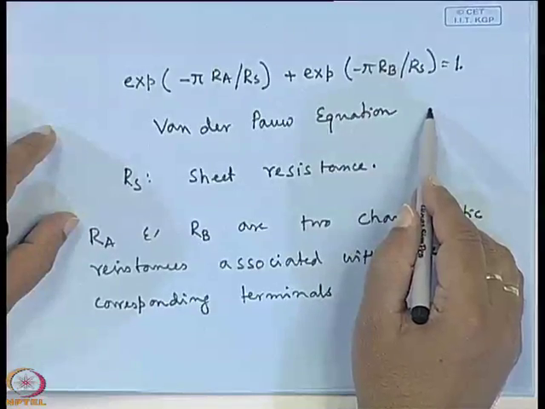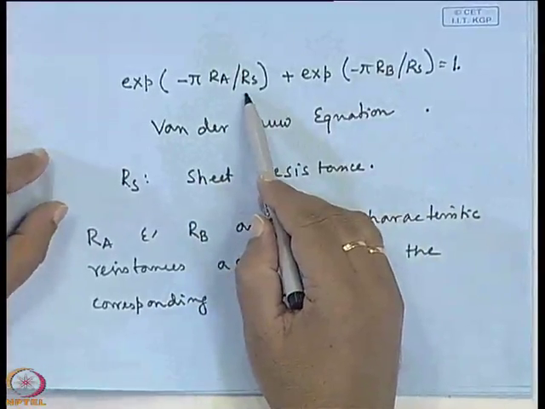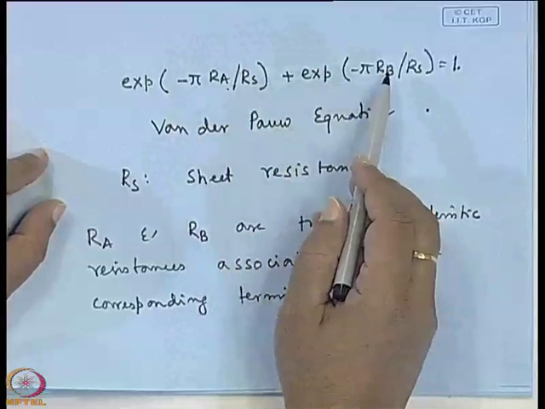Now, this is our expression. We are very close to solving this expression, because that is the Van der Pauw equation. We want to determine Rs, provided we know RA and RB.